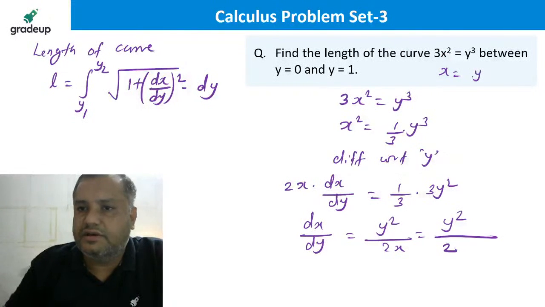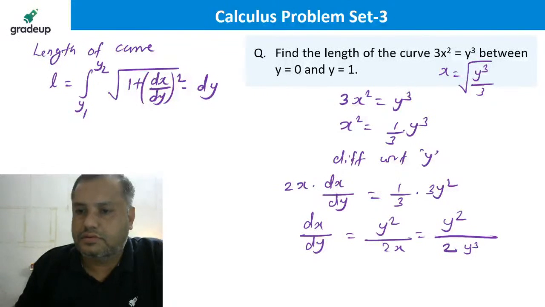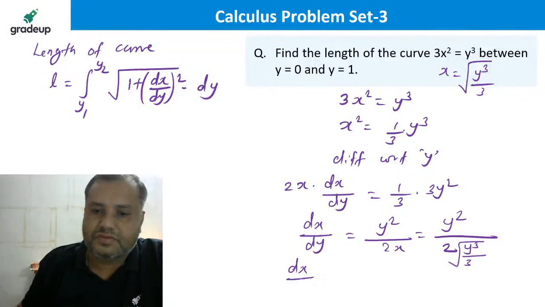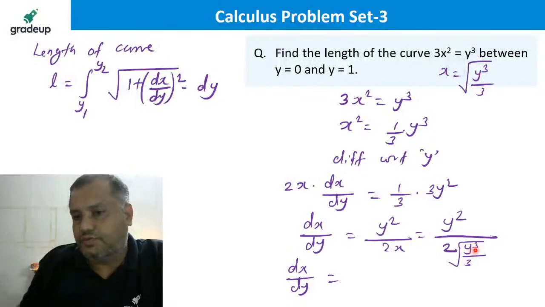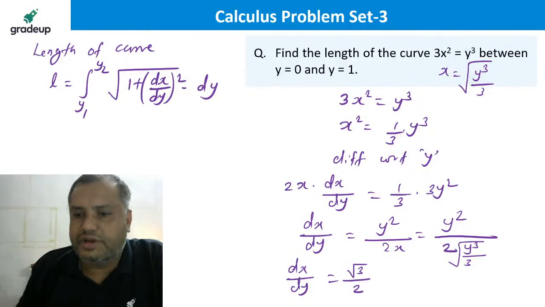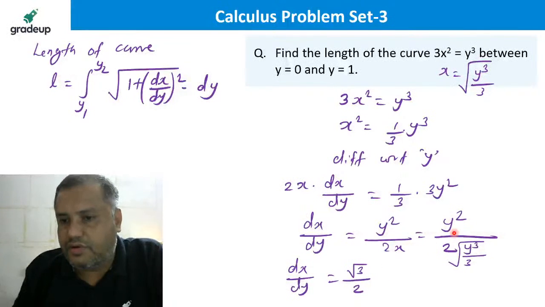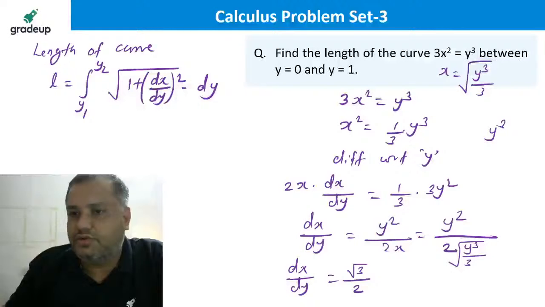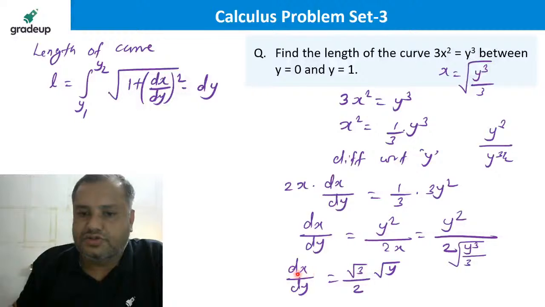X will be y cube by 3 under root. So 1 y will be coming out and cancelling here. So y upon, okay, this will be root 3 in numerator, 2 in the denominator, and y cube upon y to the power 3 by 2. So root y will be appearing in numerator. So this is dx by dy.